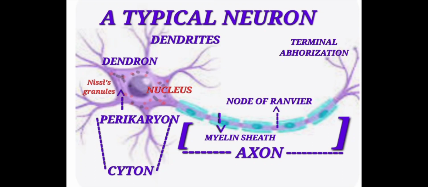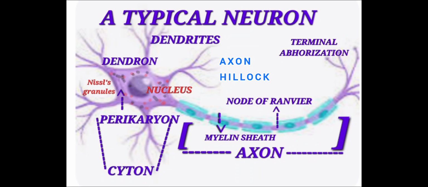On taking a closer look at the neuron, it has a head-like part which is called the cyton or the cell body. The cell body contains a nucleus and nucleolus, surrounded by perikaryon with Nissl granules and many other organelles, but the centriole is absent in a neuron.